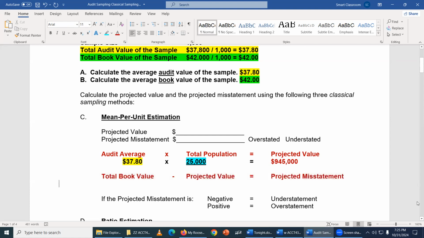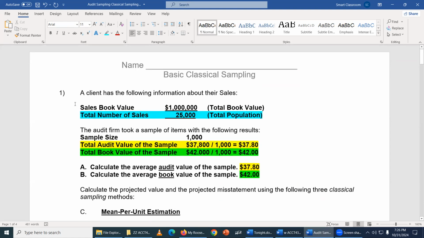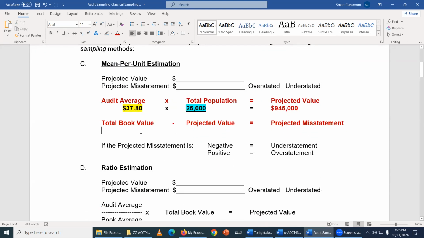Okay, so we will take the total book value, which is gray, I ran out of colors for it, minus our projected value, which is the 945,000.